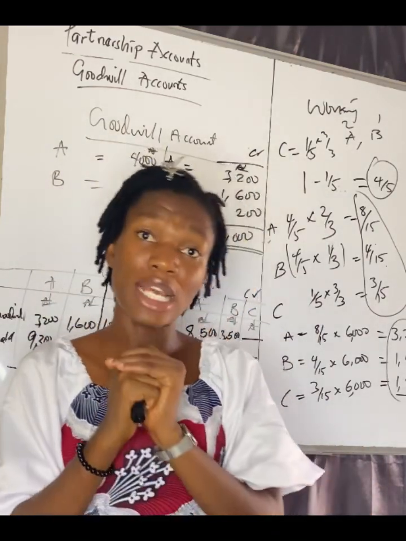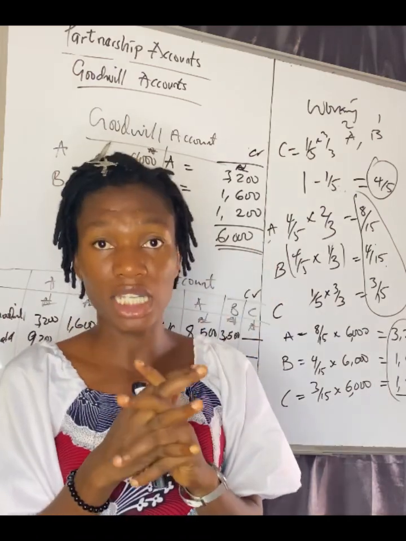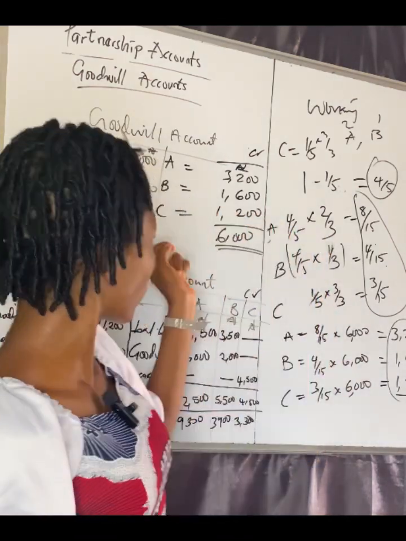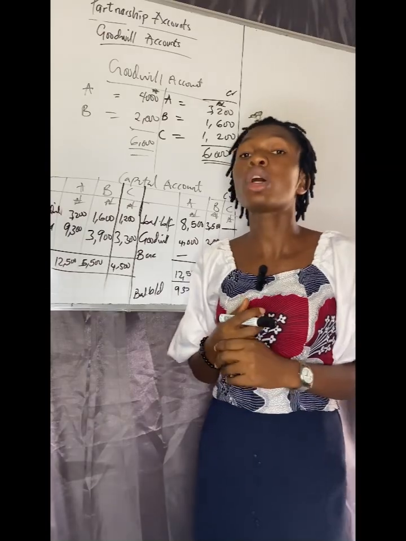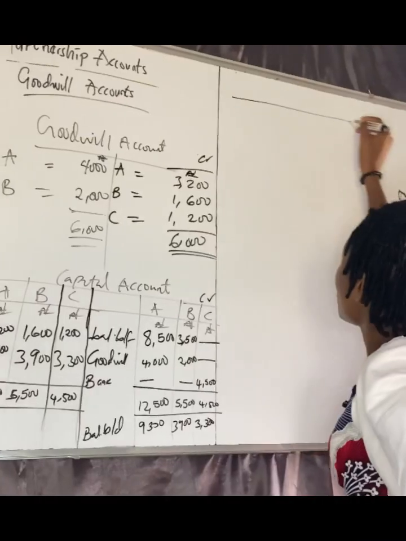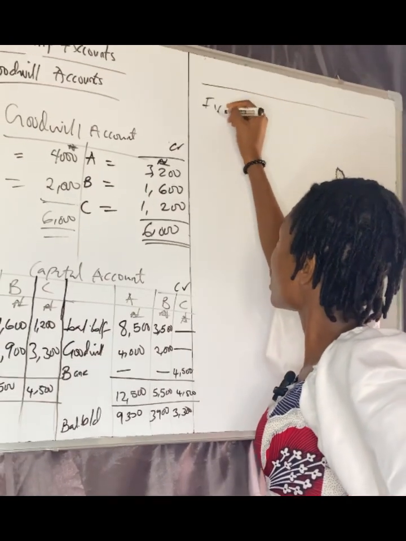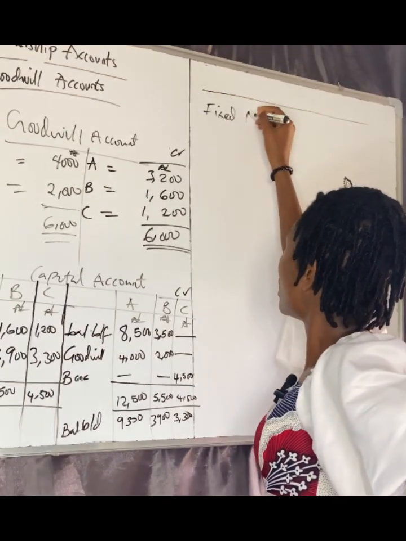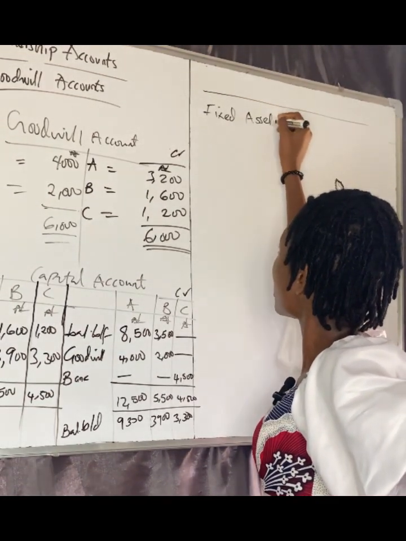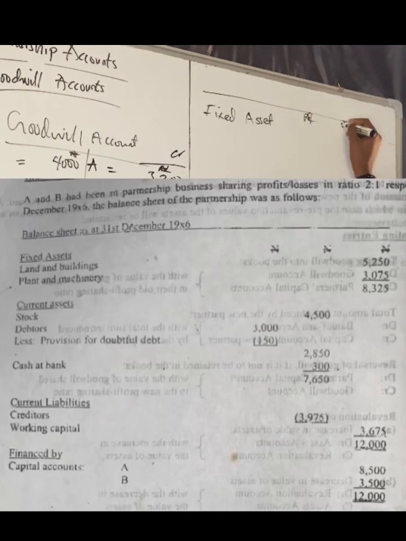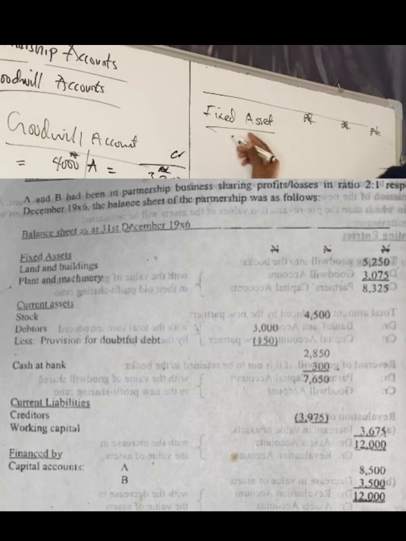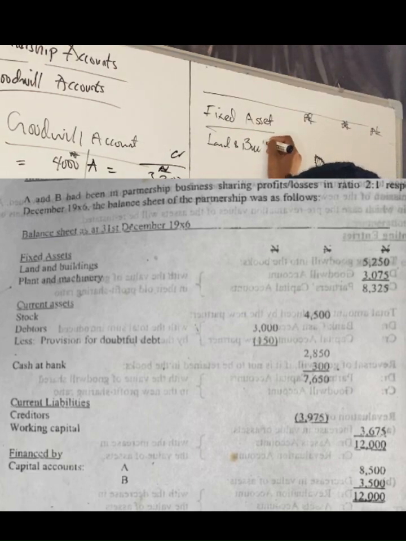So the next thing we're going to be doing is preparing the balance sheet. In this case, there's no more goodwill because we have closed the goodwill account. So let's see what our balance sheet will look like. Let's just make a summary. We're still going to have that same amount for fixed assets, land and building.